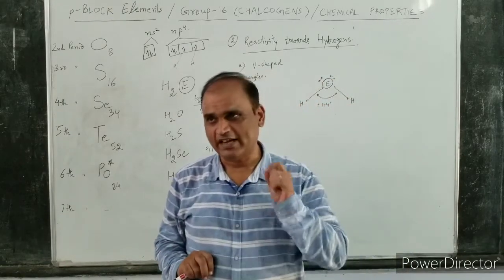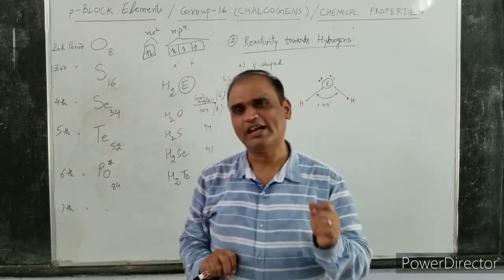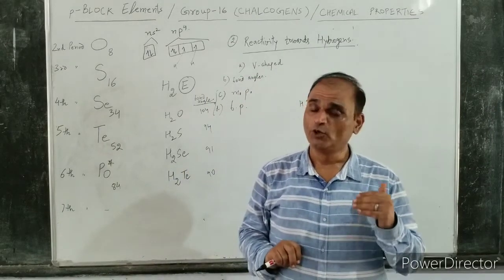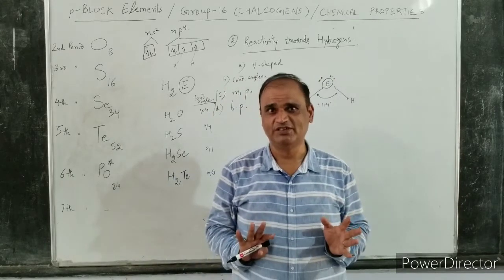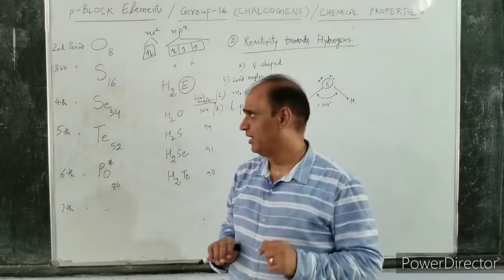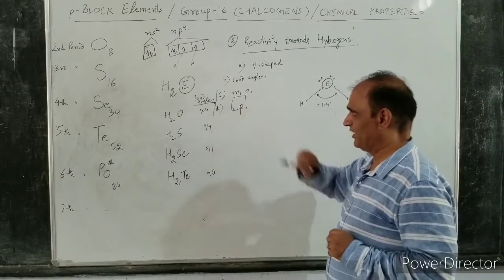But when an H atom is directly bonded to a highly electronegative atom, then H bonding comes into play. You must also remember that the strongest intermolecular forces are H bonds and the weakest are London forces. Now, let us compare their melting point and boiling point.